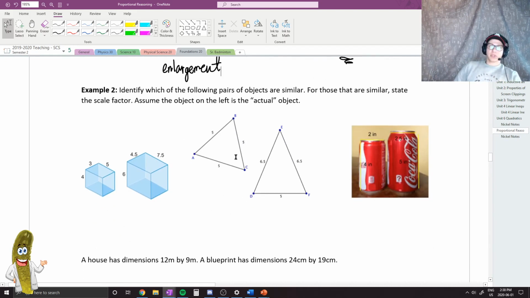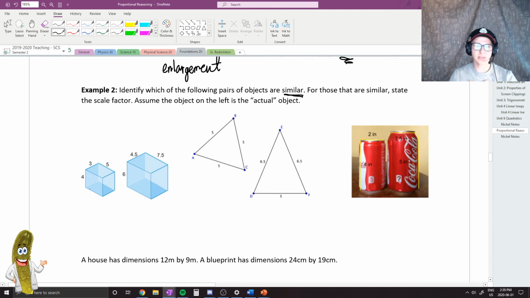This second example here, the key instruction is to identify which of the following objects are similar. So the idea is that this is the exact same object, but it's been quote unquote scaled up. So it's been made bigger than what the original object was.